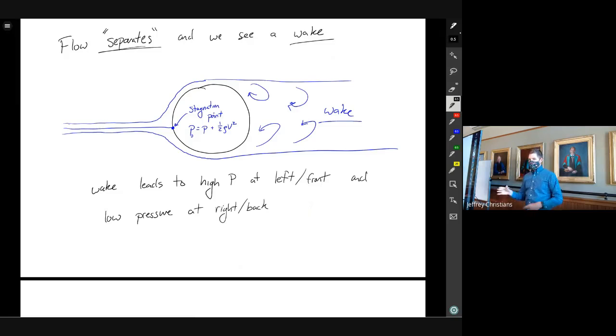Okay, so when this wake forms, we get a high pressure on one side and a low pressure on the other side, which causes a net force. Force is pressure times area. So you get a big force on the front and a little force on the back. So you get a net drag on the object.